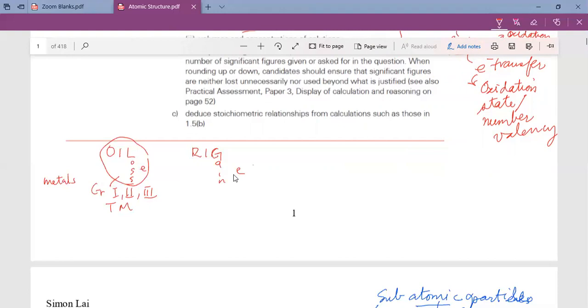This is normally your non-metals. Group 4 normally is very hard, it's in between. Group 5, group 6, now they call it group 15, group 16, and group 17. Of course like your nitrogen, oxygen, and your halogens, chlorine, and so forth.